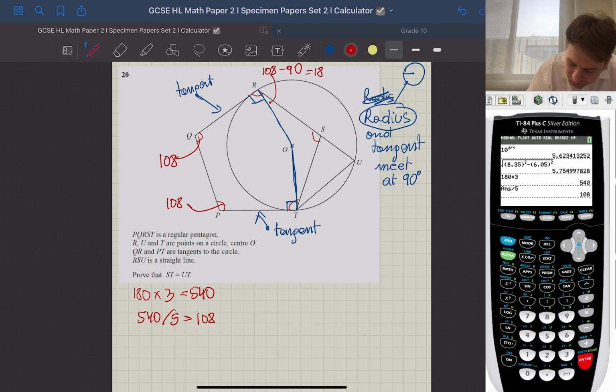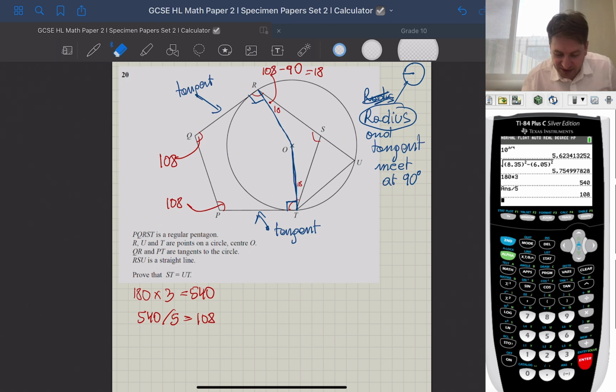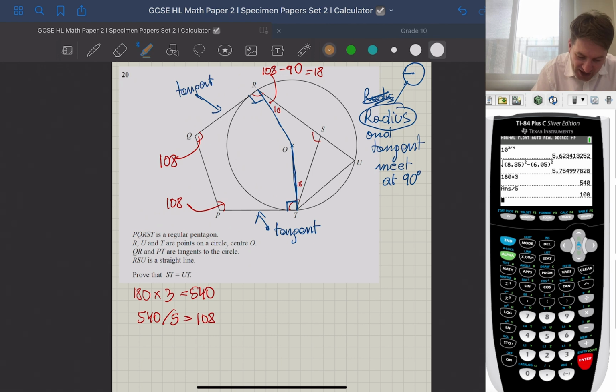So this is 18, and this is 18. All right, so I'm slowly getting all my angles. Now, also, what I've just created over here is this shape over here.